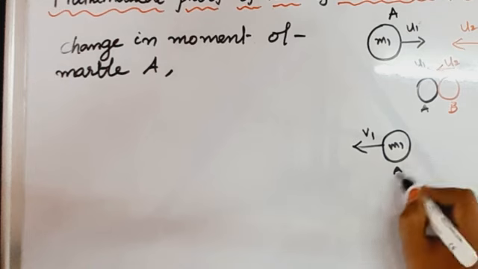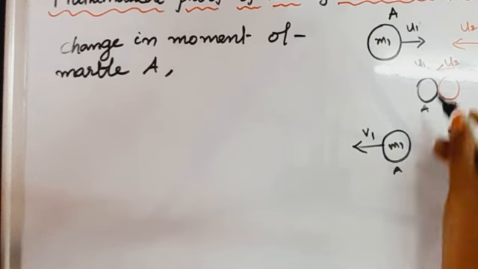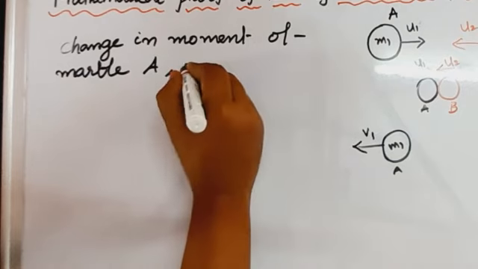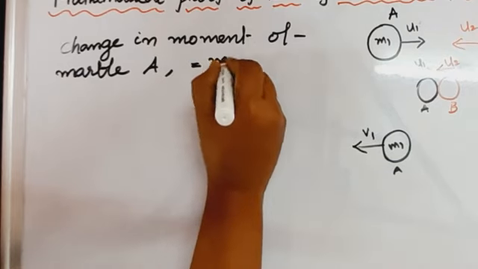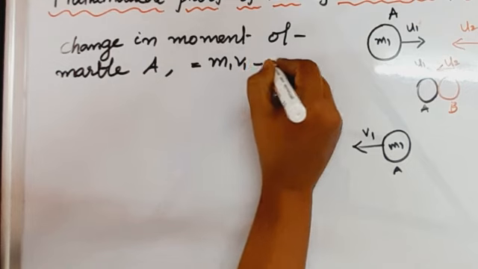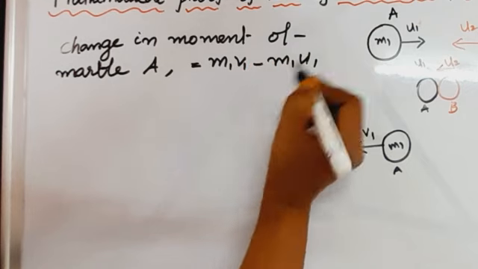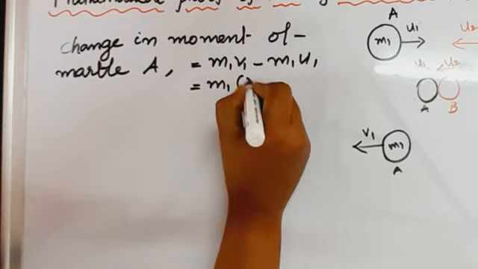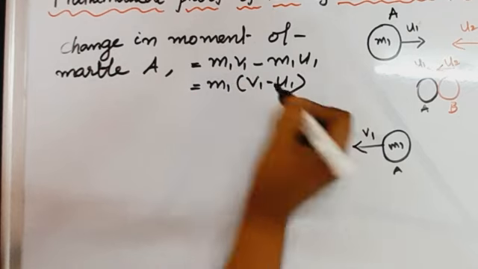After collision, marble A has final momentum M1 V1, and before collision it has initial momentum M1 U1. Final momentum minus initial momentum is M1 V1 minus M1 U1. It can be written as M1 into (V1 minus U1).